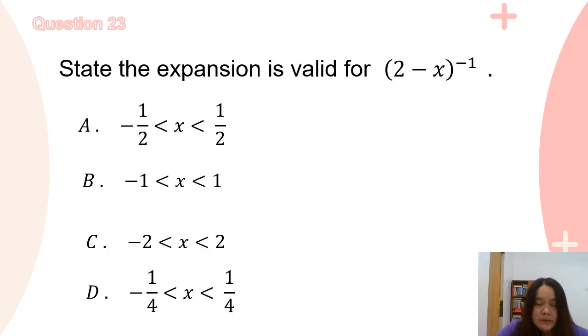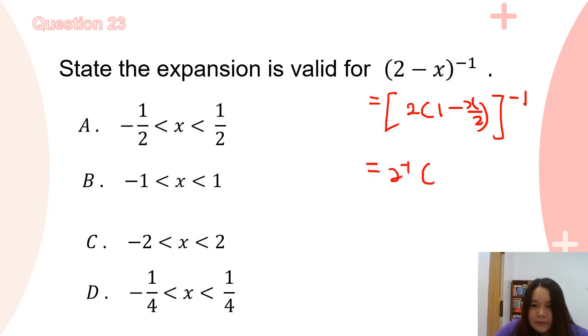Okay, for question number 23, it's to find where the expansion is valid. So for this, first of all, I have to factorize using the binomial theorem first. So I come out with 2 times 1 minus x over 2. So I have 2 to the power of minus 1, times 1 minus x over 2, to the power of minus 1.